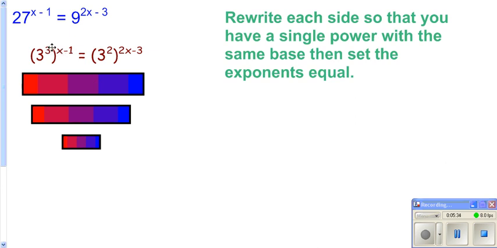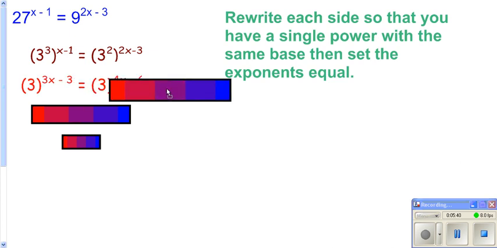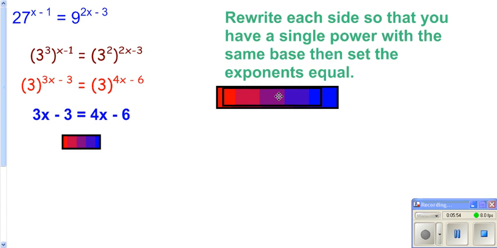Here we have an exponent raised to an exponent. So you want to make sure you multiply your exponents. Same thing on the right. You have a 3 raised to a power, 3 raised to a power, the same base on each side, so you can drop your bases and just work with your exponents. When you solve it, you'll end up getting 3.